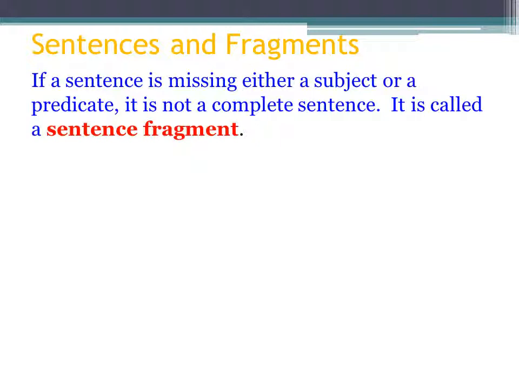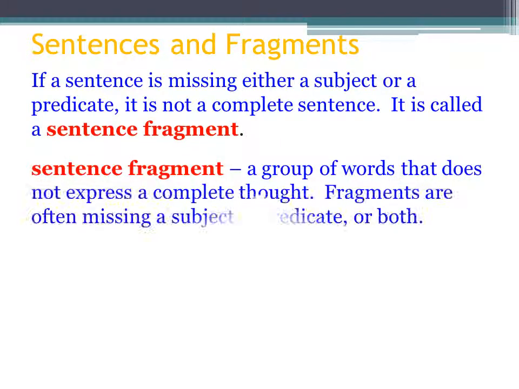So now we're going to define a sentence fragment. And again, this is right on your Cornell notes so that you can write it near the bottom. A sentence fragment is a group of words that does not express a complete thought. Fragments are often missing a subject, a predicate, or they're missing both a subject and predicate.